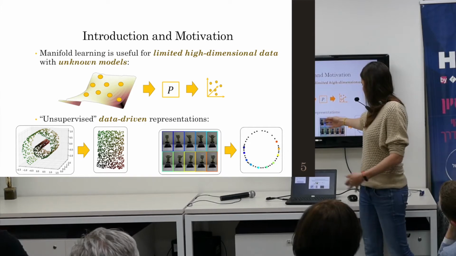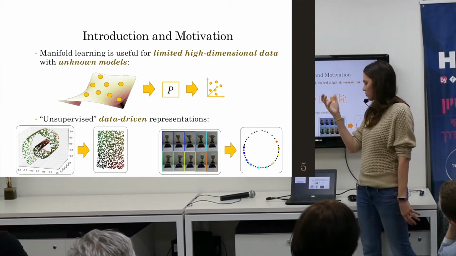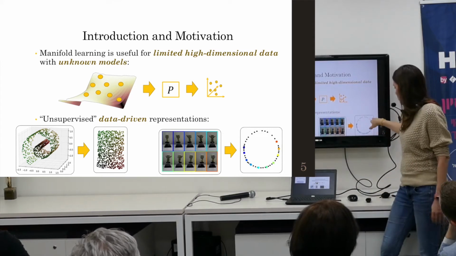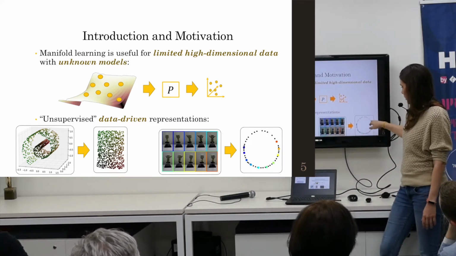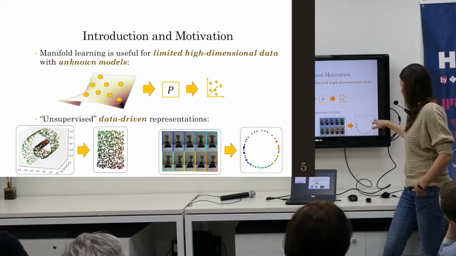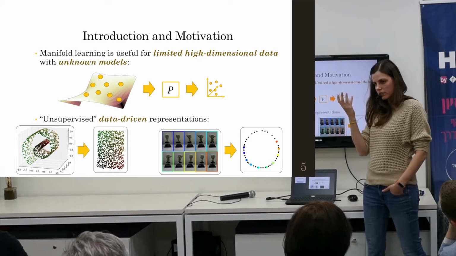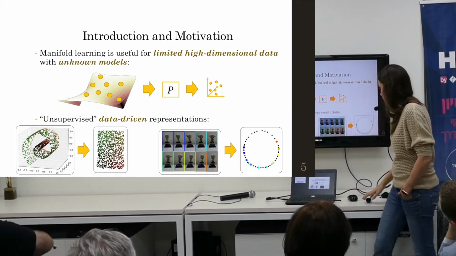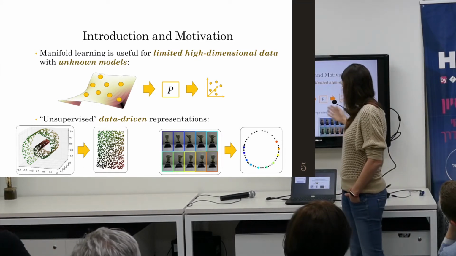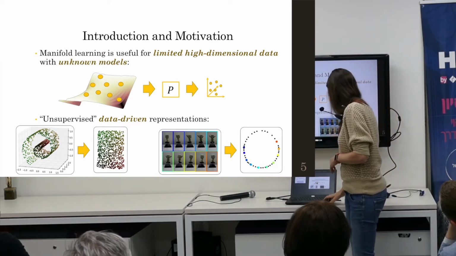So if we have such a data set, the black points correspond to other images of rotated Yoda. What we'll get is this circle, and the points that correspond to each image are located in a manner correlated to the rotation angle of Yoda. And this is without knowing anything about what we actually have here.